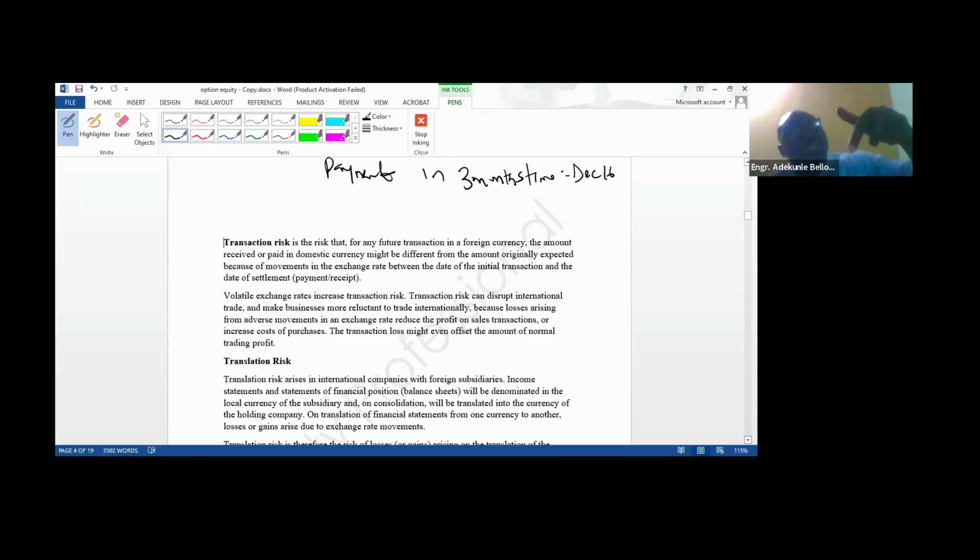And on consolidation, there will be need to translate the currency of the subsidiary to that of the parent company.